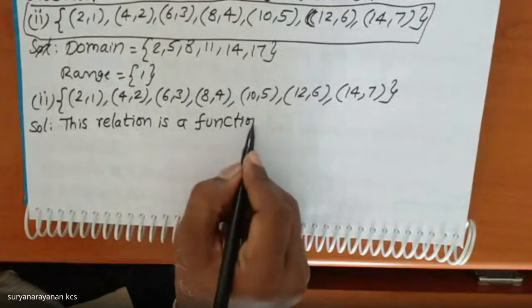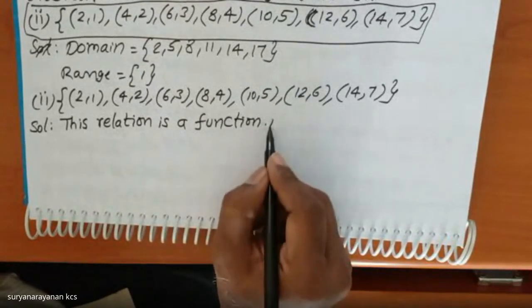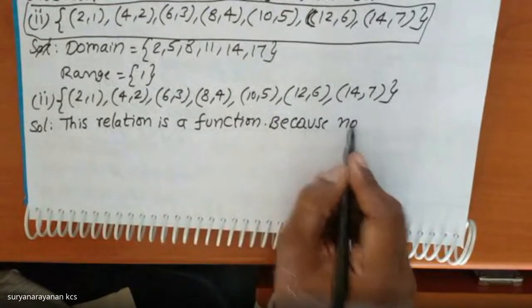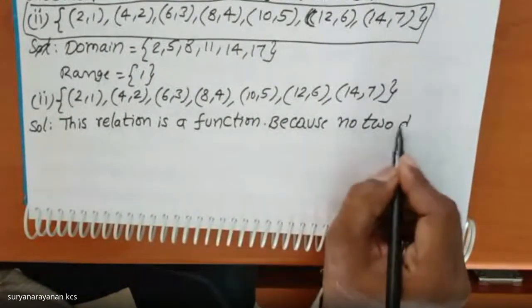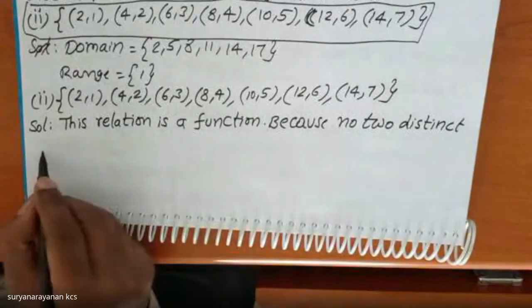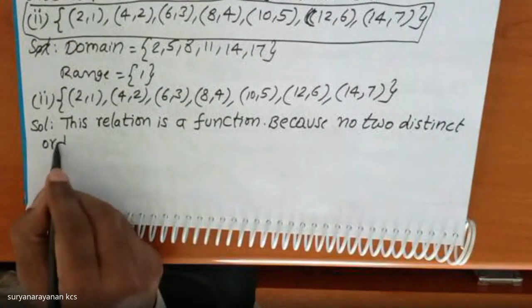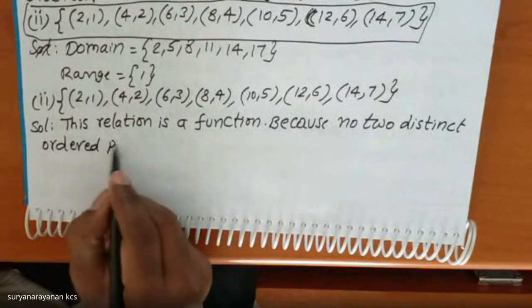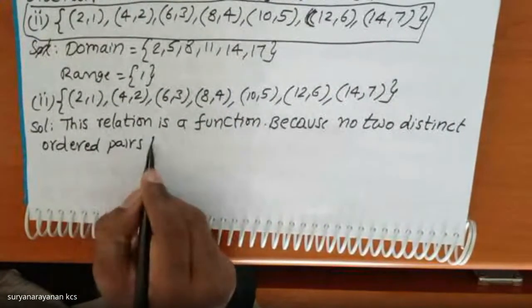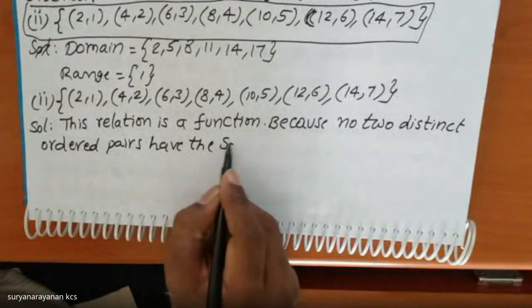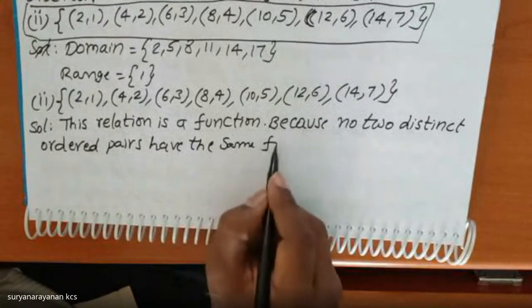This relation is a function because no two distinct ordered pairs have the same first element.